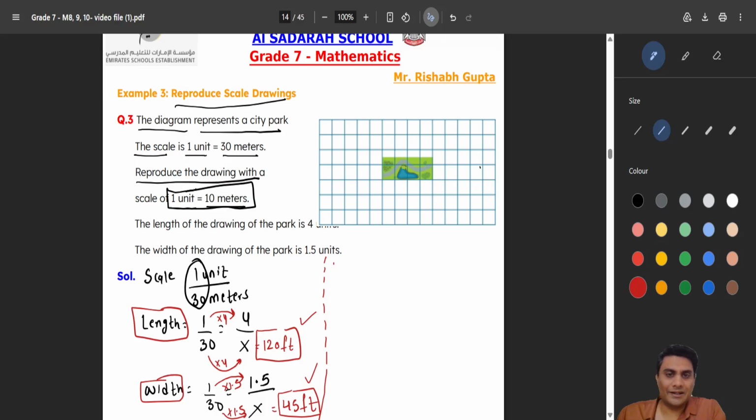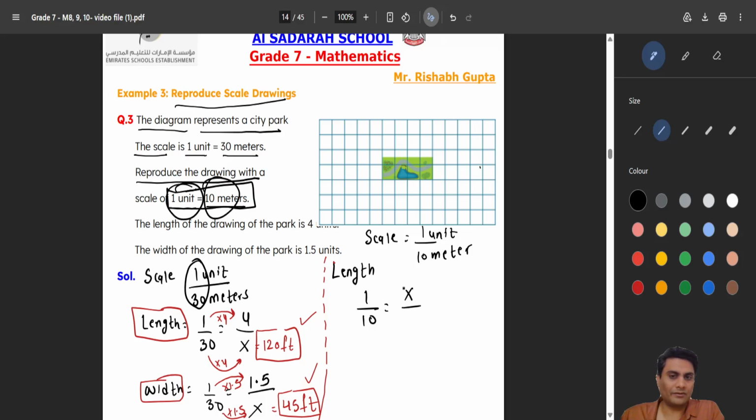Now let us find the length in units. Length in units for the new scale. What is the new scale? The new scale is, check, 1 unit is equal to 10 meters. We will use this scale. So for the length I have 1 unit, 10 meters. Now in the actual park, I don't know how many units I will get, correct? But I know the actual length is how much? 120.